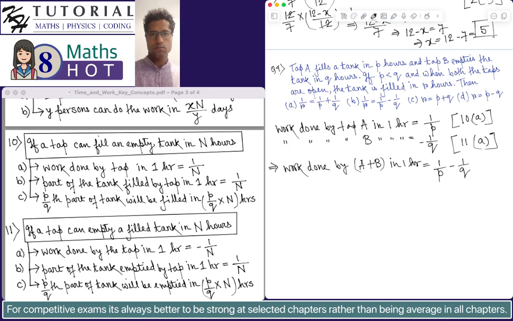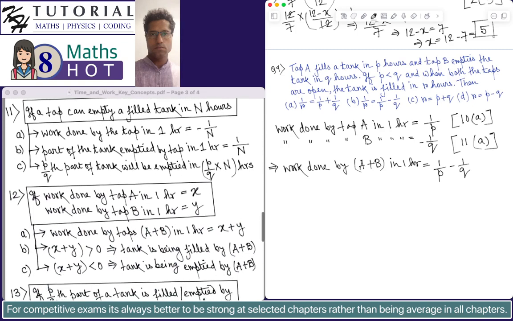Because this is based on concept 12: if work done by tap A in 1 hour is X and work done by tap B in 1 hour is Y, then the work done by A plus B in 1 hour will be X plus Y.